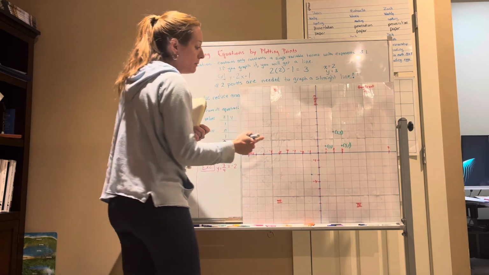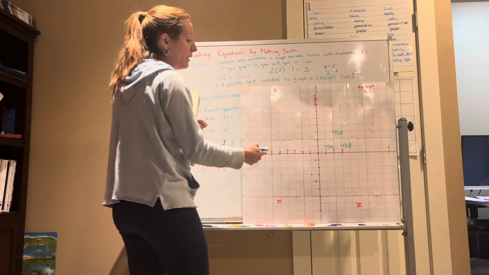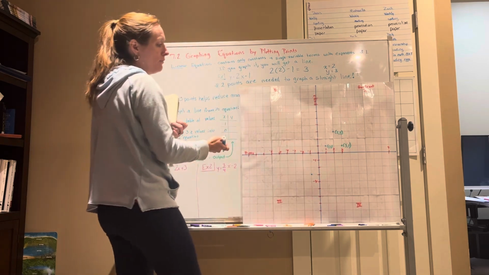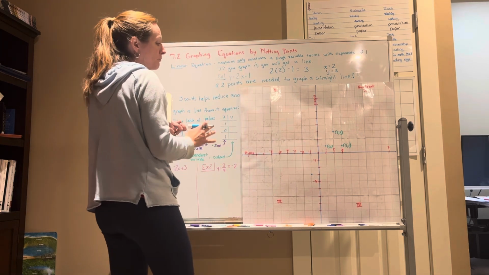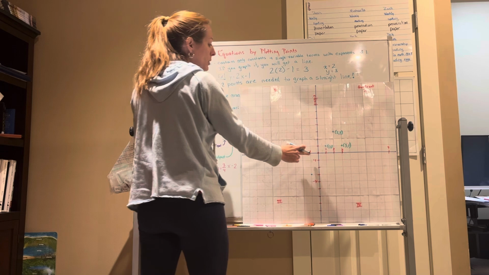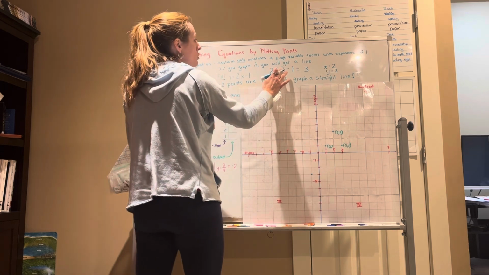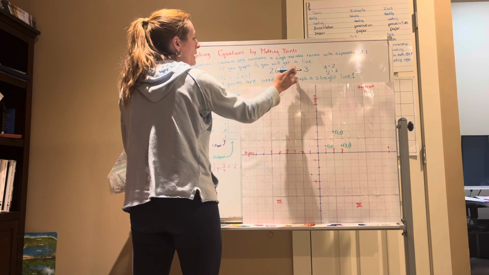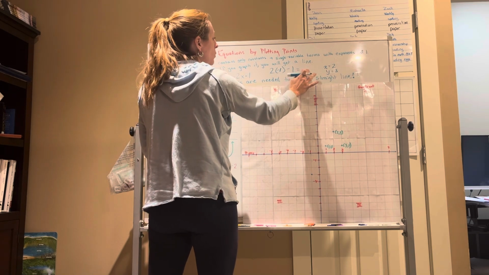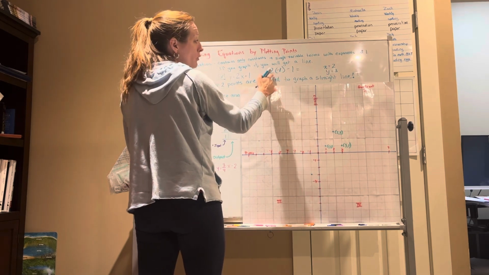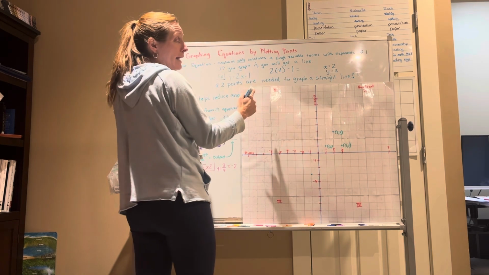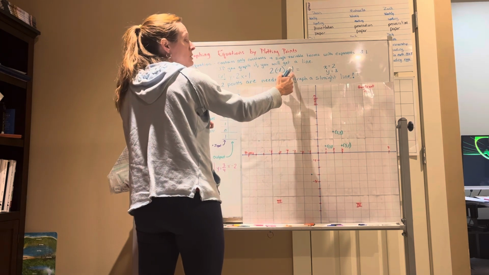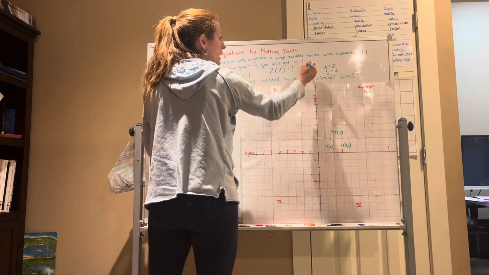So let's put in a number on the negative side of the x-axis. Now let's put a -1 in. So 2 times -1 minus 1 equals, well, 2 times -1 would be -2, minus 1 would be -3.